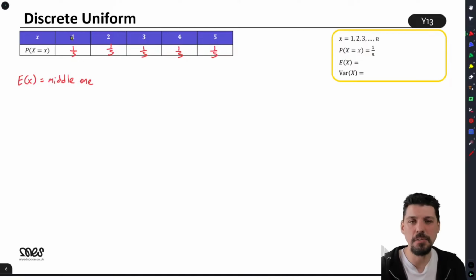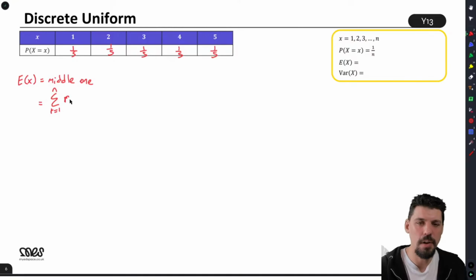Again, I cannot emphasize this enough. The discrete uniforms are in integer values 1, 2, 3, 4, 5, no gaps, 1 to n. The probability is 1 over n. Now, E of x then is the sum, r equals 1 to n, of r times 1 over n.